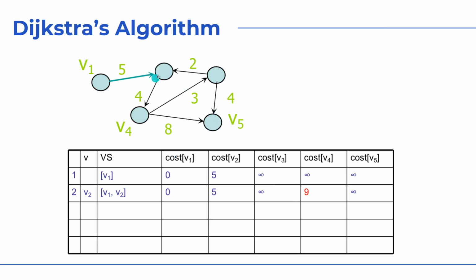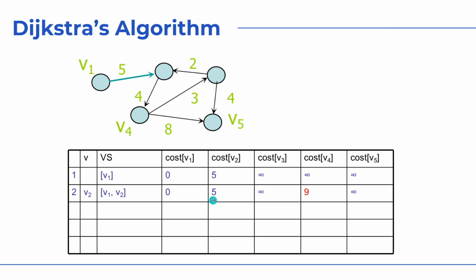Vertex V4 is reachable from V2. We are supposed to find the cost of reaching V4 from the start vertex, so we sum up the cost of the edges between V1 and V2 and then V2 and V4, and that is why we have the value 9 here.